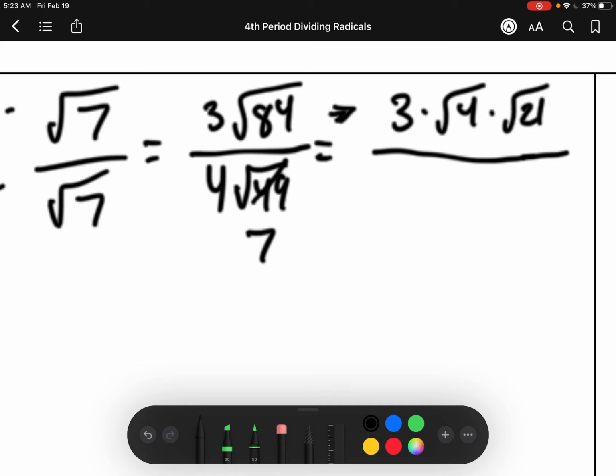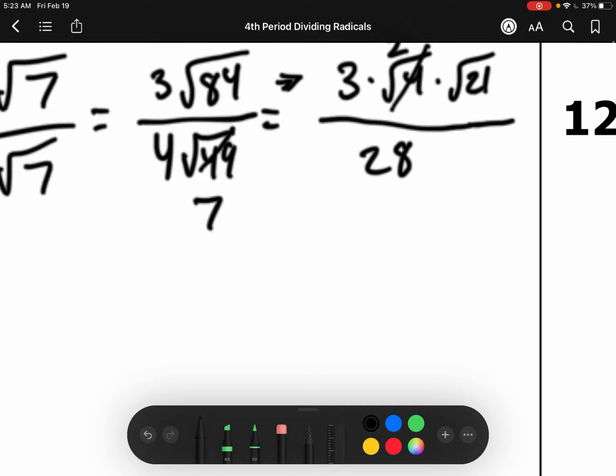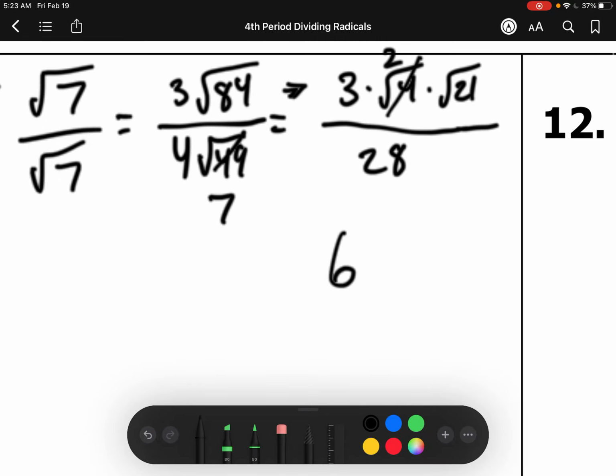And 84 divided by 4 is 21. So I have 3 times the square root of 4 times the square root of 21 divided by 4 times 7, which is 28, right? Square root of 4 is 2. So I have 3 times 2, which is 6, times the square root of 21, divided by 28.